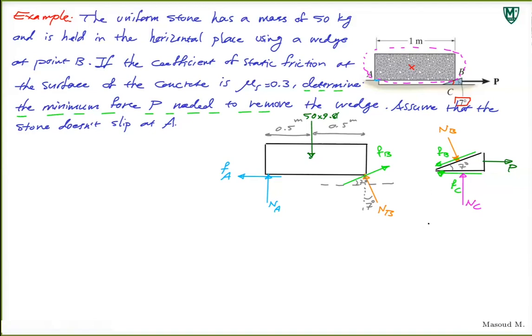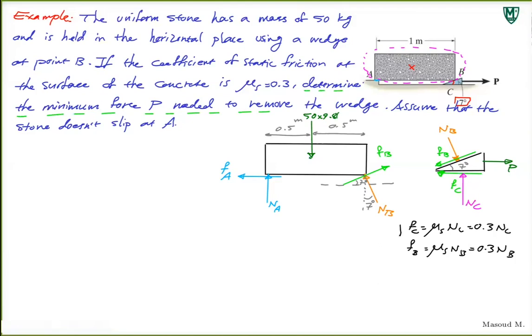So look at this. That means FC would be mu S NC, and mu S is 0.3 NC. We are in impending motion. FB is mu S NB, normal force on that surface times coefficient of static friction, 0.3 NB.